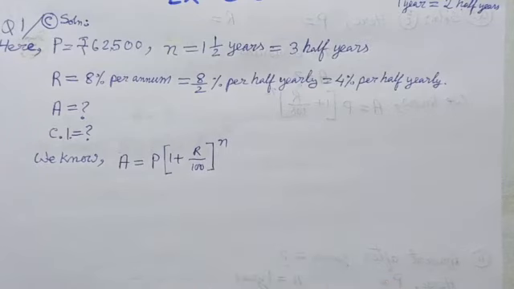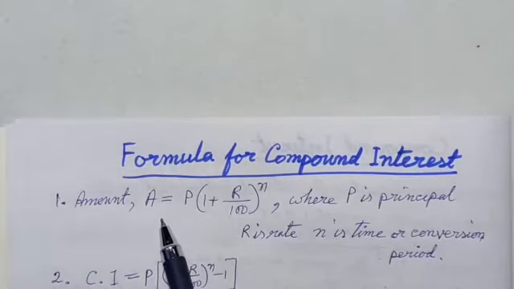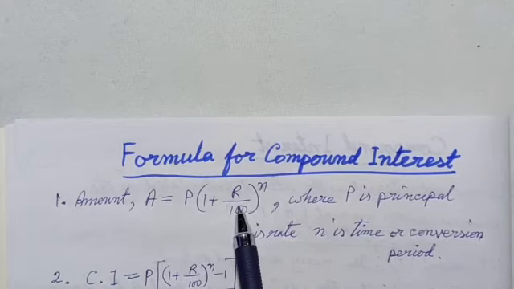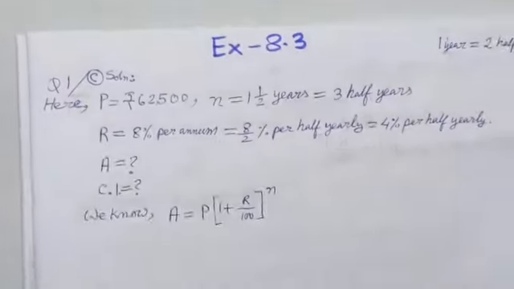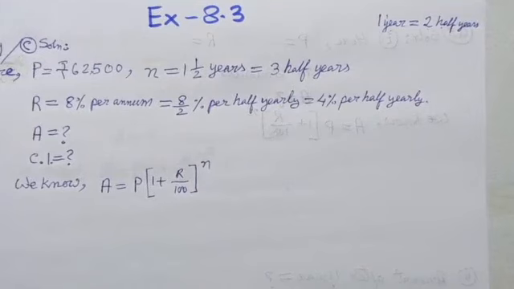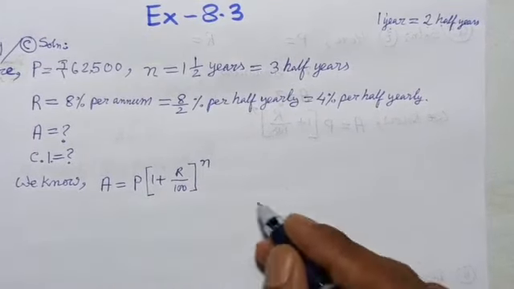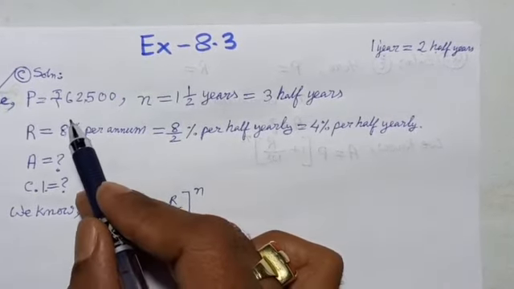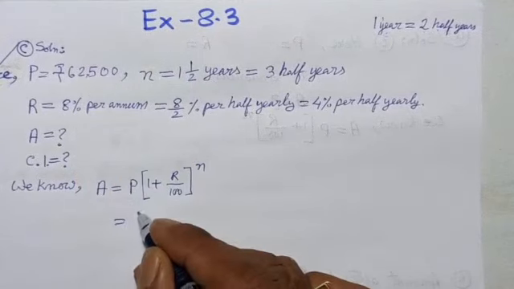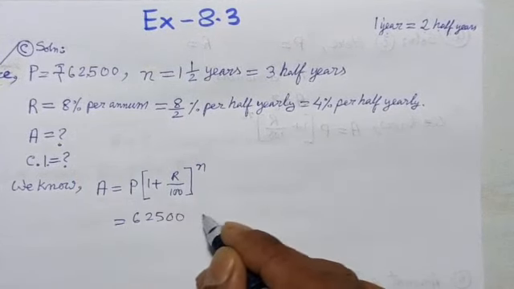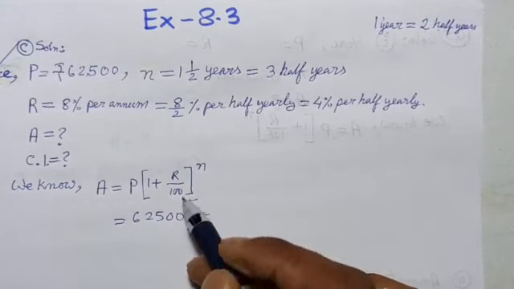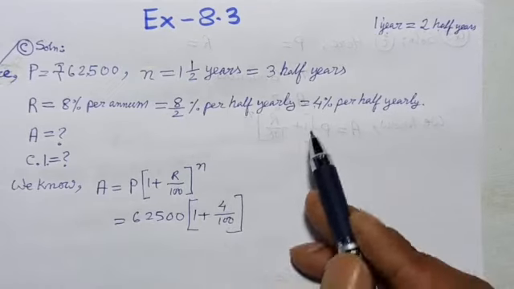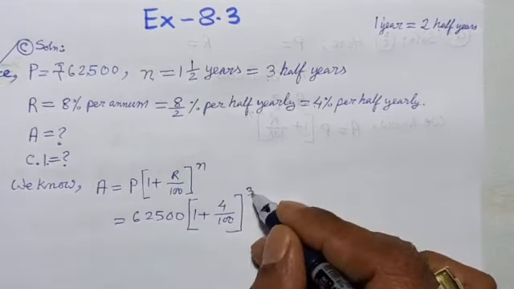This is the formula I have given before, and we have to use it. So writing the formula, principal P is 62,500, bracket 1 plus rate 4 by 100, whole to the power n, which is 3. Let us calculate this value.